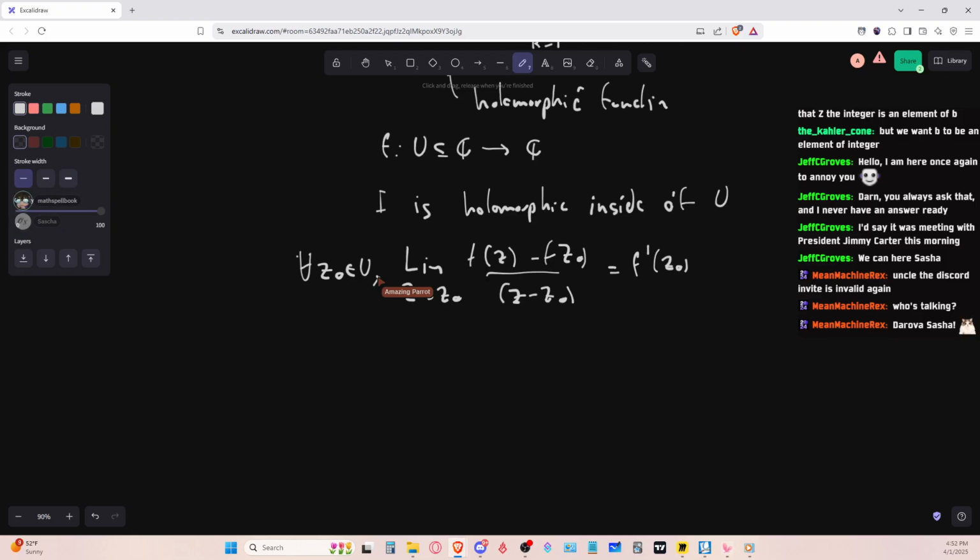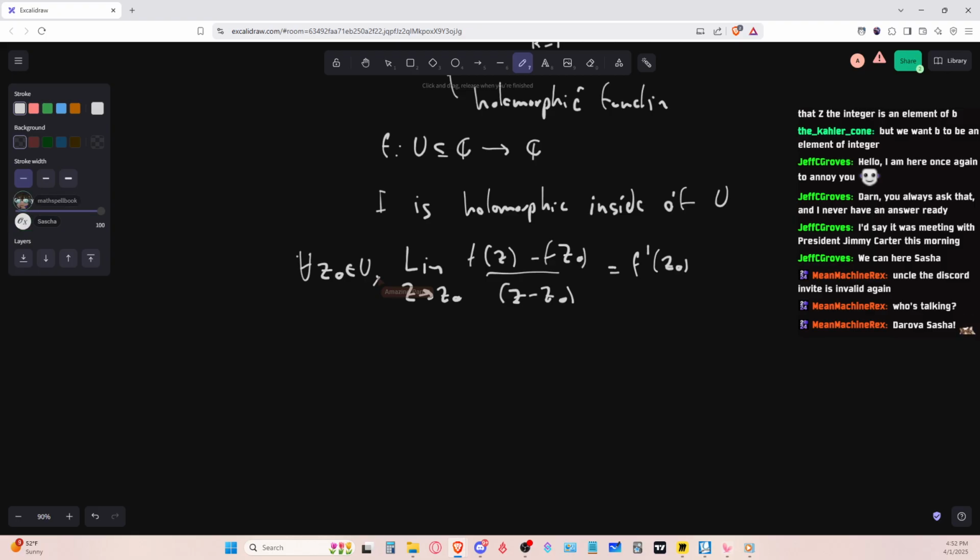Is that within multiple dimensions of C? No, just one. We have a similar thing in higher dimensions. This is crazy because in the real case this does not happen. If you're differentiable, it does not imply that you have a second or third derivative.